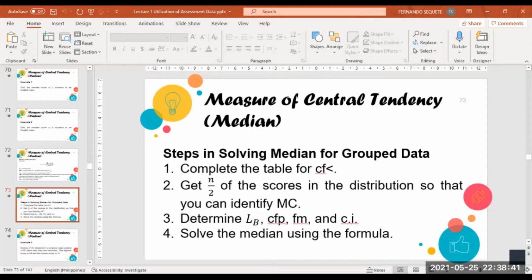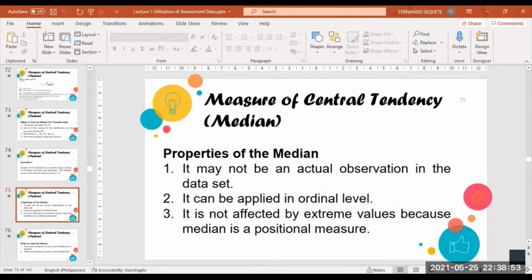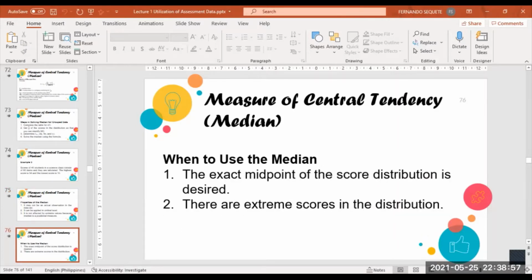The same with the CI, because for the class interval, you just have to count the other categories. That is easy for you. And then we also have our example, the properties of the median, and of course when to use the median.